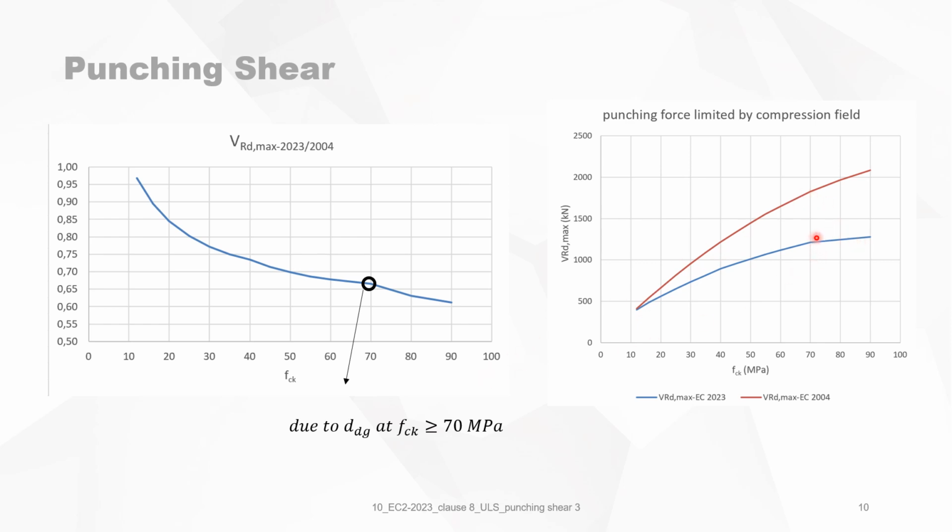You will also notice here a small change in direction of the curve, and this is due to the definition of ddg, which is changing after fck is bigger than 70 megapascal.